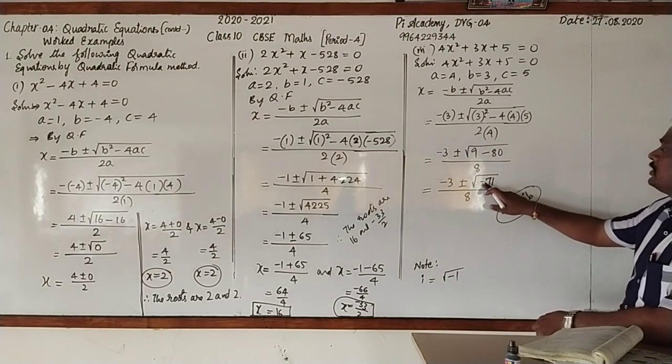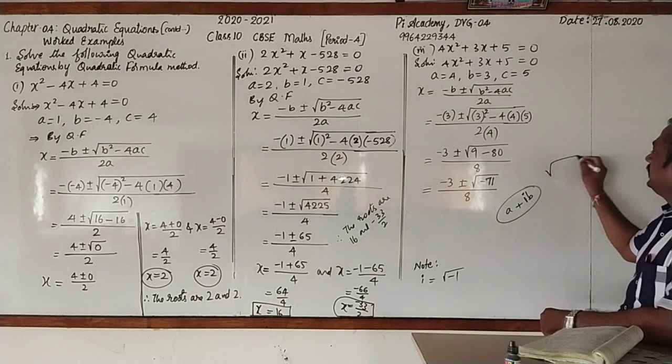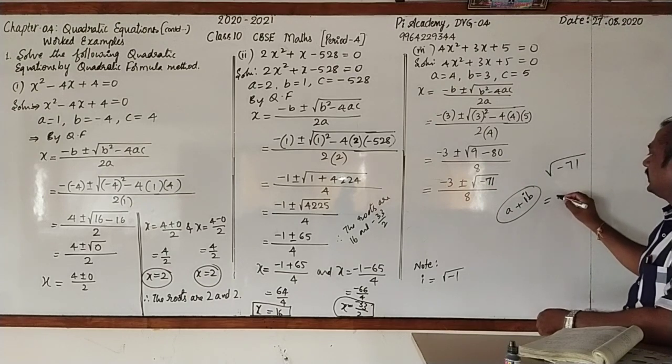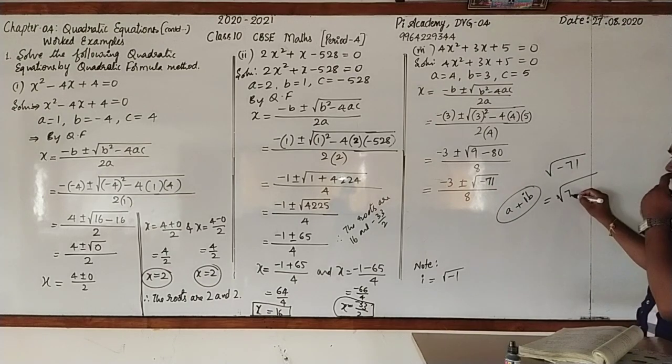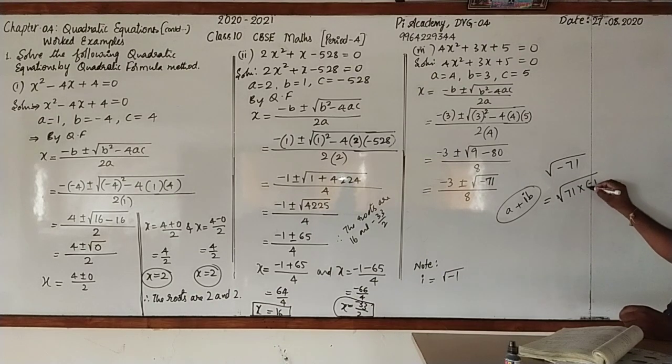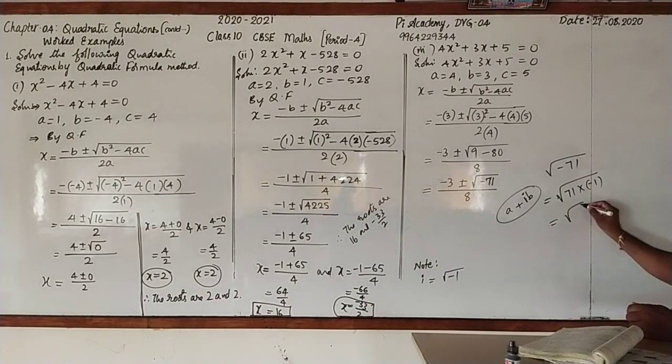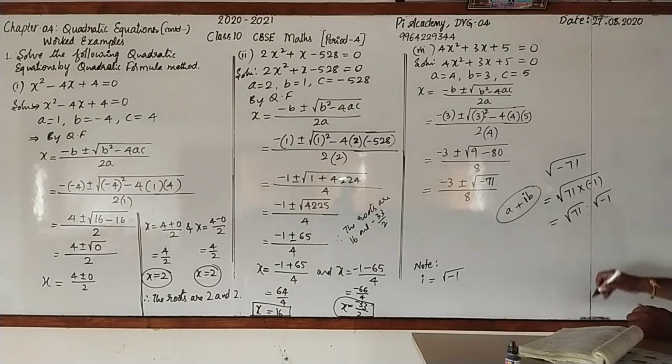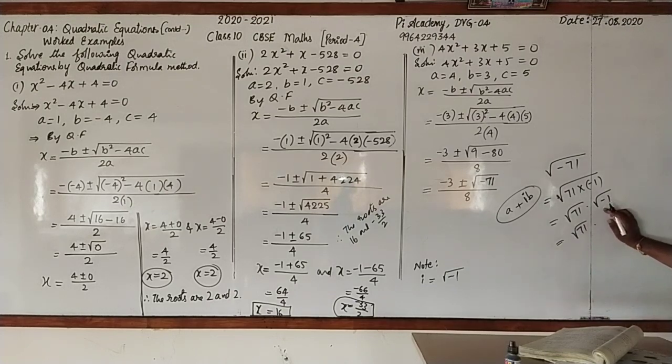And if square root of minus 71 is there, this can be written as square root of 71 into minus 1, which is square root of 71 into square root of minus 1. What is square root of minus 1? It is i. Root 71 into i.